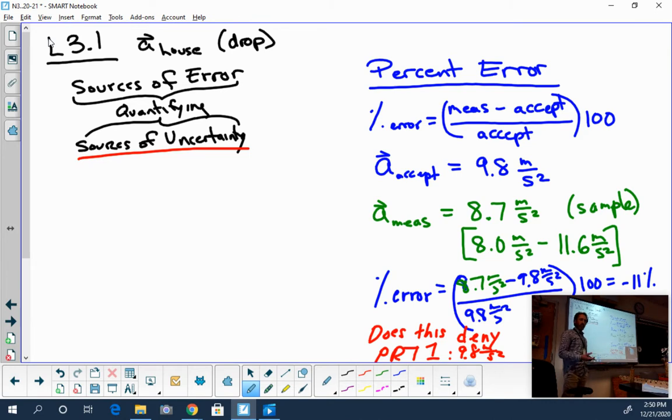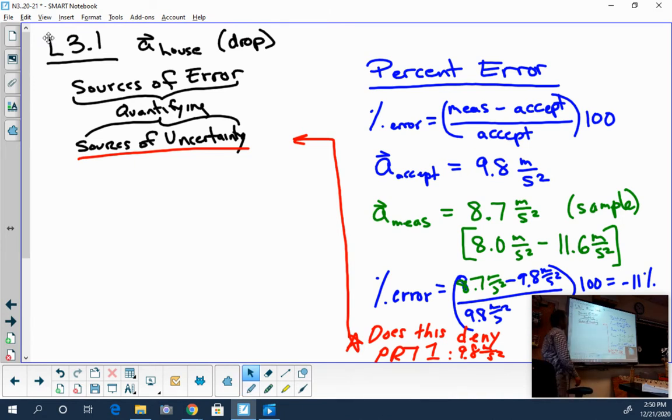Because we're looking to confirm what we see on the reference table. Should we just accept that number, that 9.8, or is that actually something we can see ourselves at home? And you can't answer this question until you quantify your error. And we can do that with this process called sources of uncertainty.